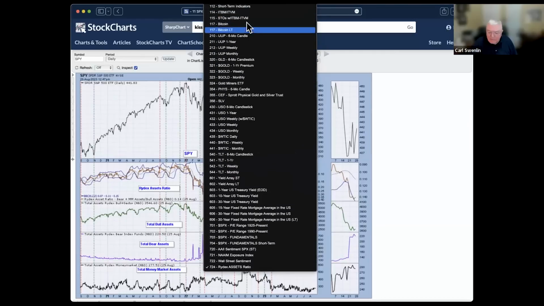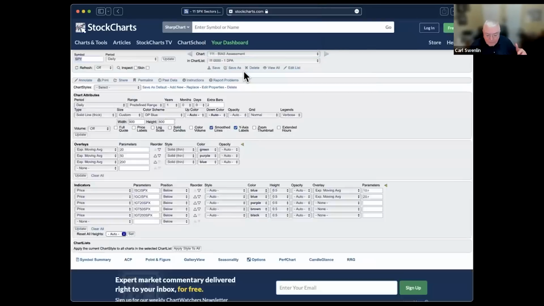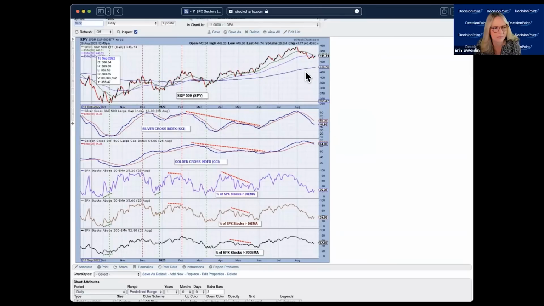You have to have an index that includes a certain number of securities. It just has to be a group that you're evaluating. The idea is that the reading on the Golden Cross Index or the Silver Cross Index is the percentage of that group that has an upside crossover.